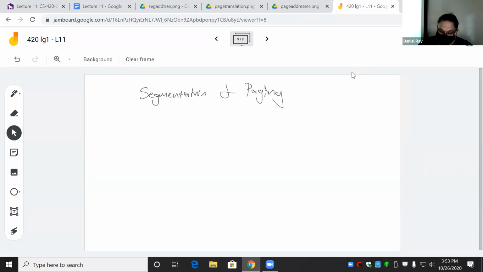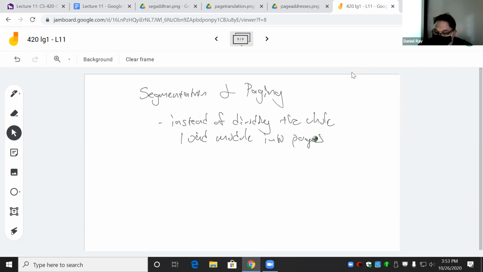So instead of dividing the whole load module into pages, which leaves us with the possibility of misalignment, let's divide each individual segment into pages.